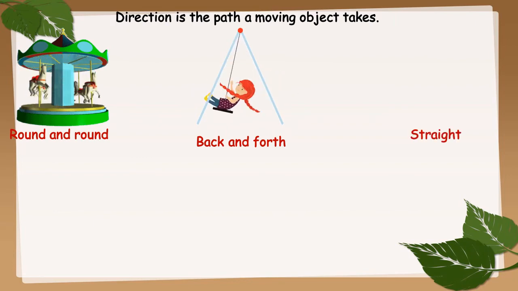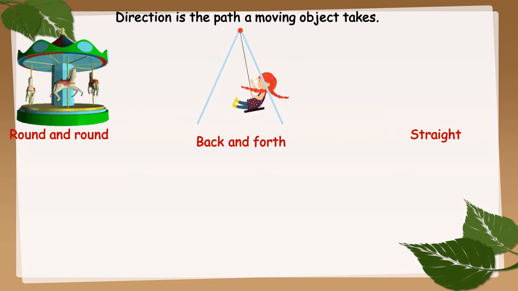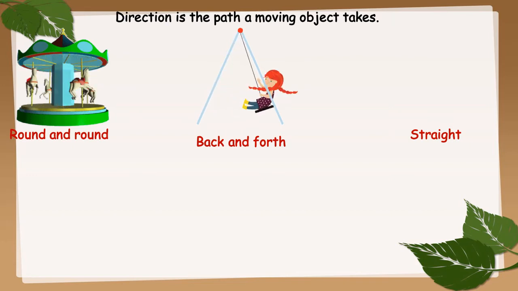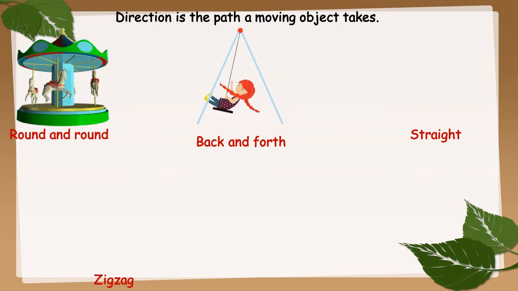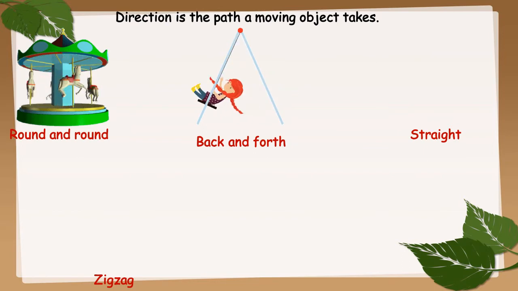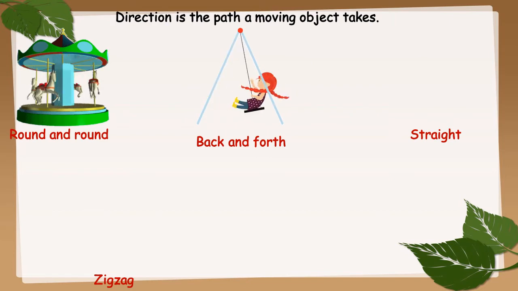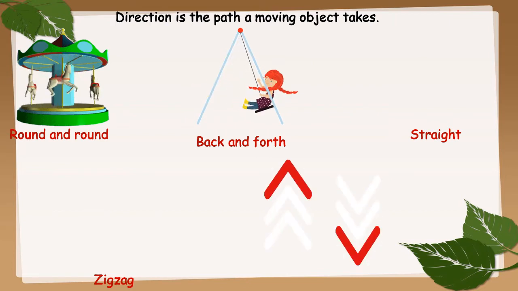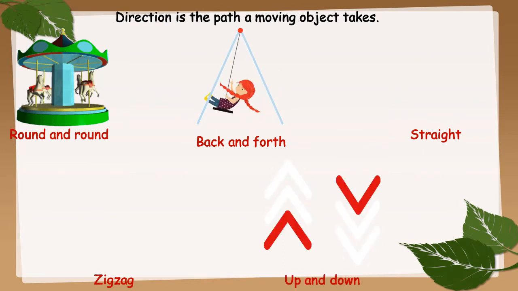Other things move in a straight direction, just like trains. Other things move in a zigzag direction, just like the game we see in front of us, where the bomb is hitting the targets. And finally, some objects move in an up and down direction.